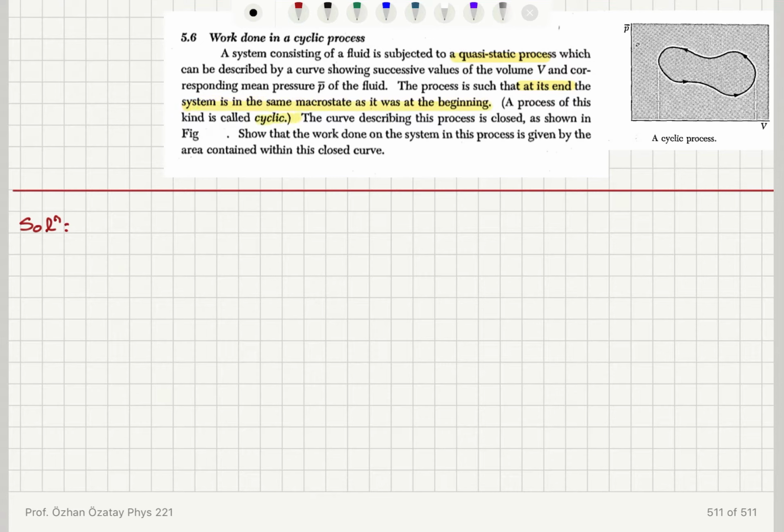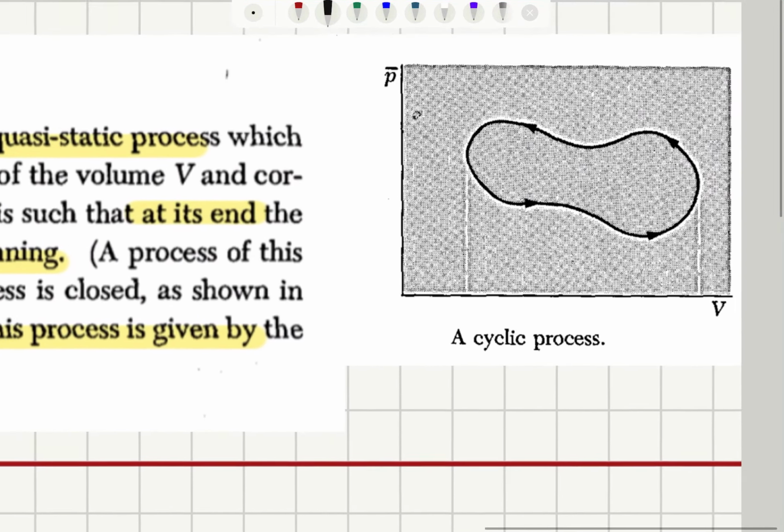The curve describing the process is closed, and as shown in the figure, show that the work done on the system in this process is given by the area contained within this closed curve. Okay, so let me concentrate on this curve.